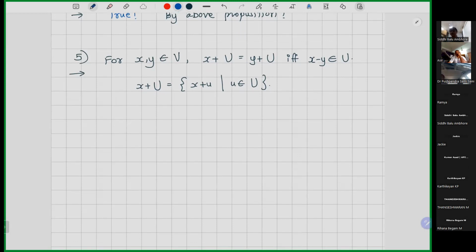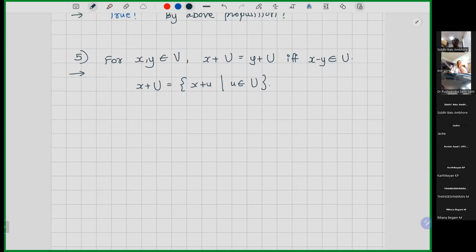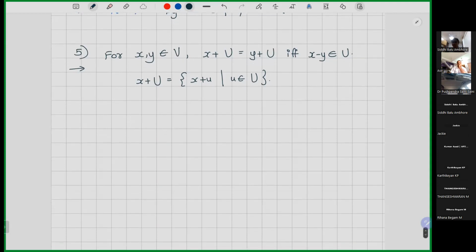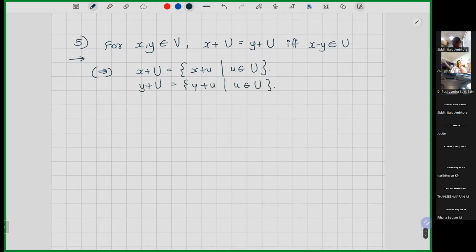Yeah, that's true because it would be an affine subset. Yes. So we will prove this through set equality and everything. The first thing is that x plus U is equal to y plus U. Okay, we suppose we are given this. We have to prove that x minus y is in U.